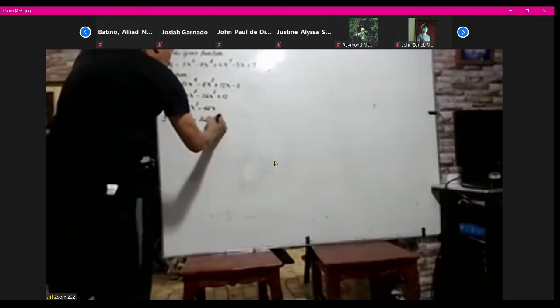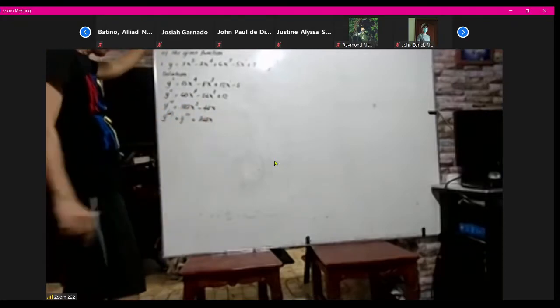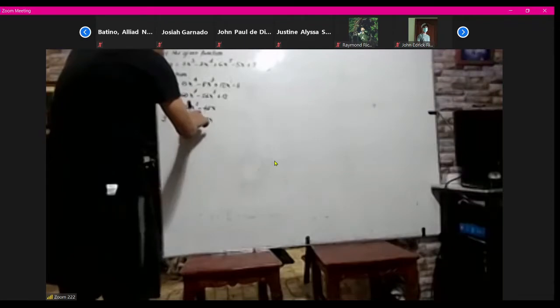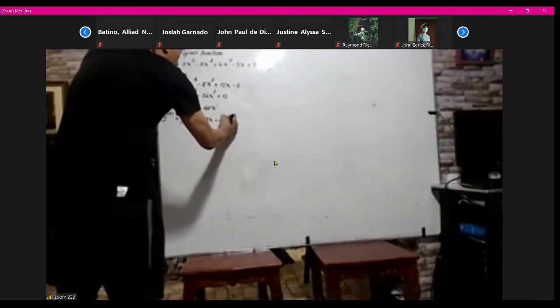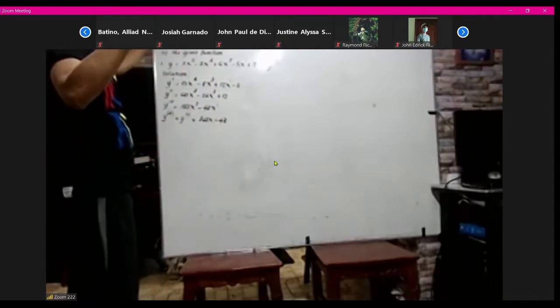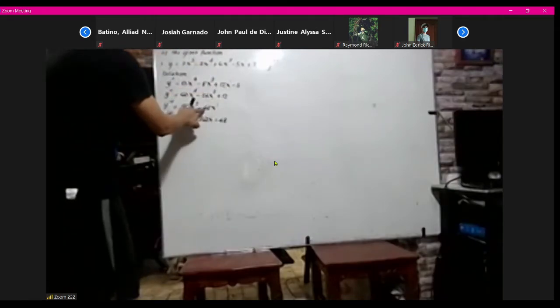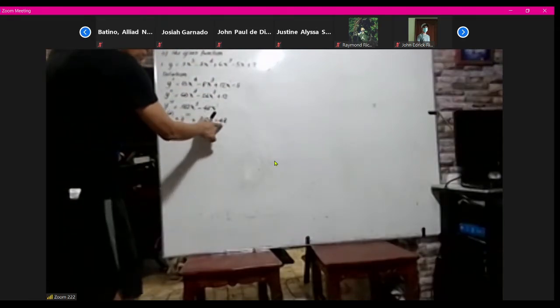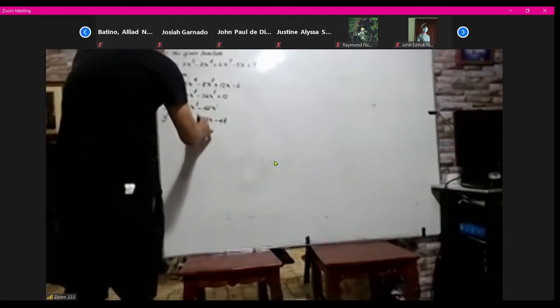Then, yung x natin, raised to 2 minus 1, so x na lang. Then, negative 48 times ang power nito ay 1. So, negative 48. Then, x raised to 1 minus 1 is equal to x raised to 0, and then x raised to 0 is equal to 1. Therefore, negative 48 times 1 equals negative 48. And this is the final answer.